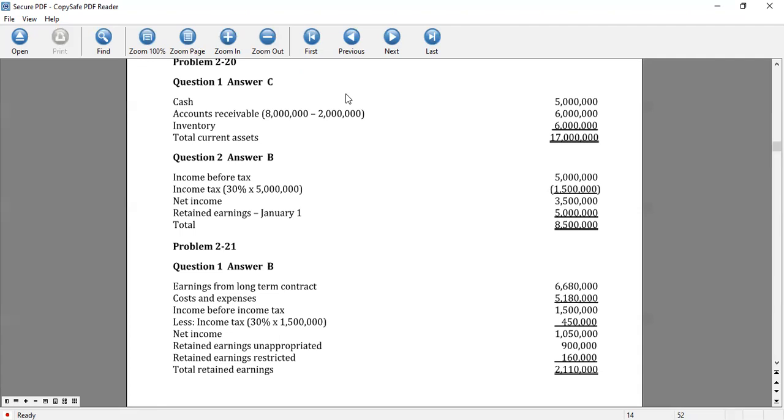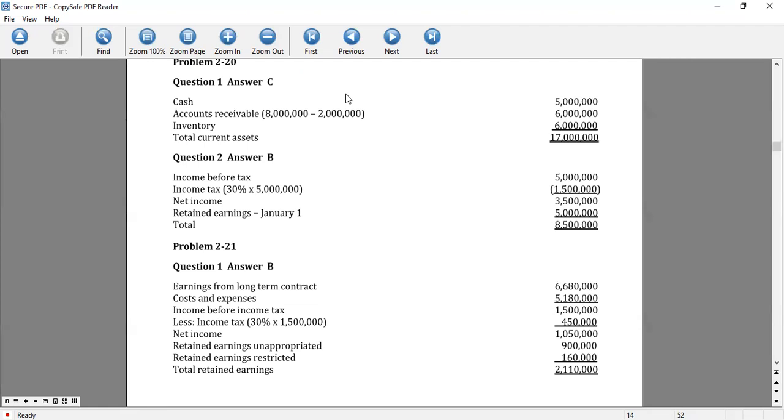That's for problem 2-20. 2-21 has 4 questions. It's quite a long problem. 2-21: total retained earnings, non-current liabilities, total current assets, and shareholders' equity.